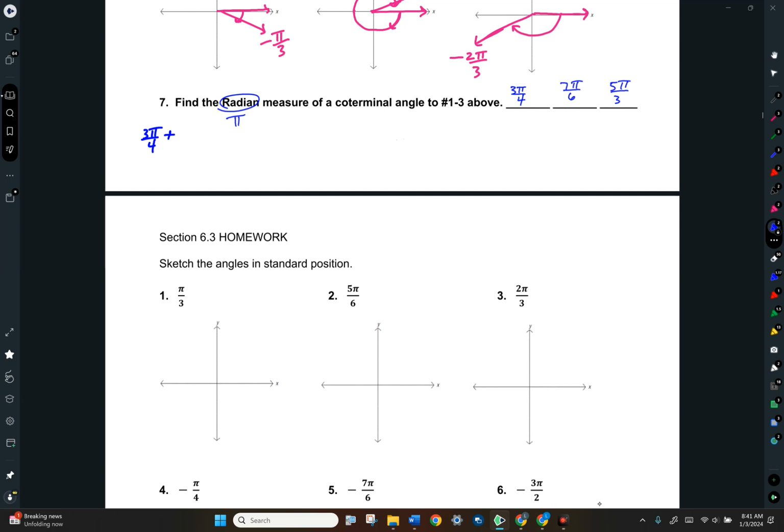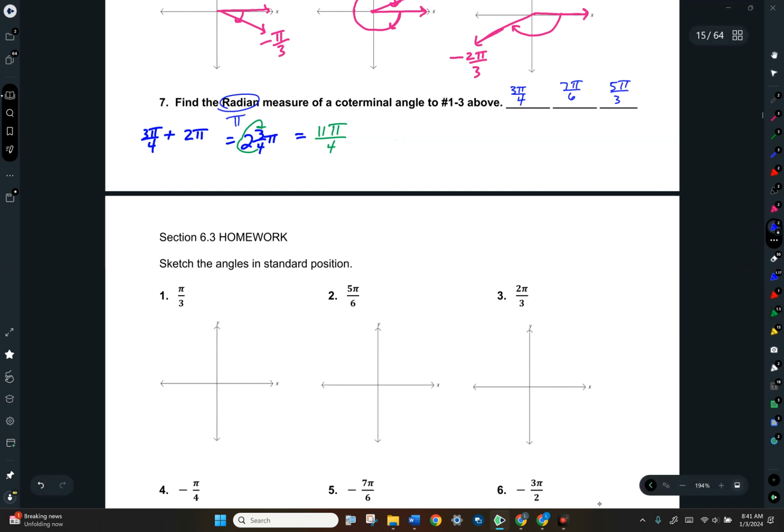Well, I would be adding 2 pi. So if I have 3/4 and 2, that would be 2 and 3/4, right? 2 and 3/4. But remember, we don't like mixed numbers. So what would that be as an improper fraction? Well, how do you change mixed numbers into fractions? Don't you do 4 times 2 is 8 and then plus 3, so 11 pi over 4.